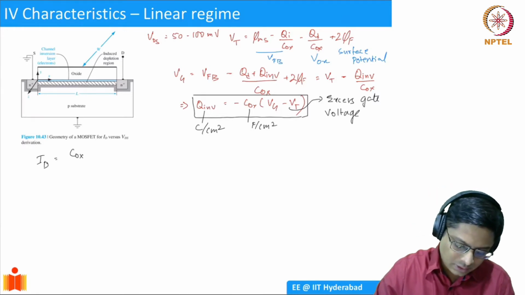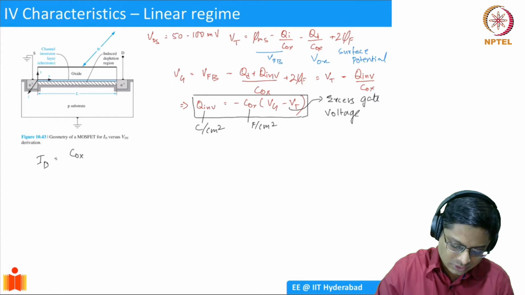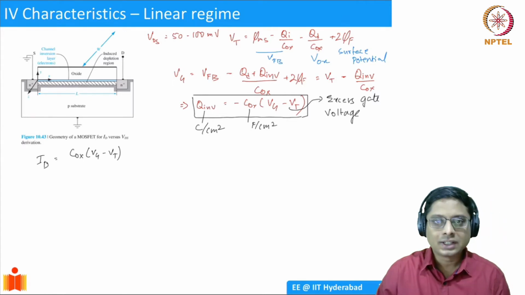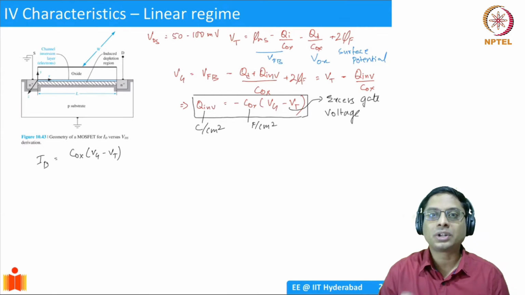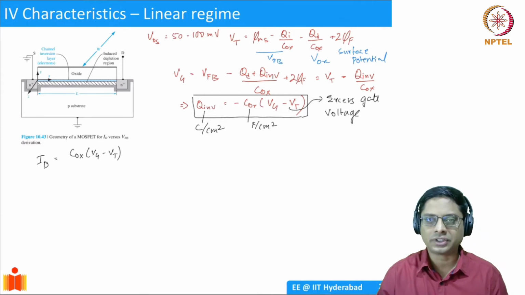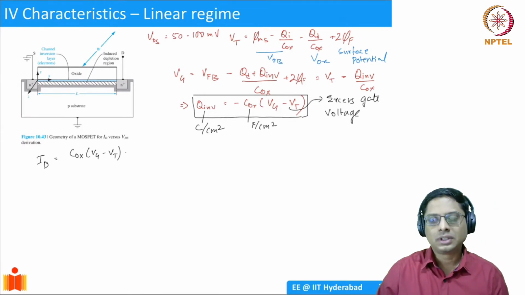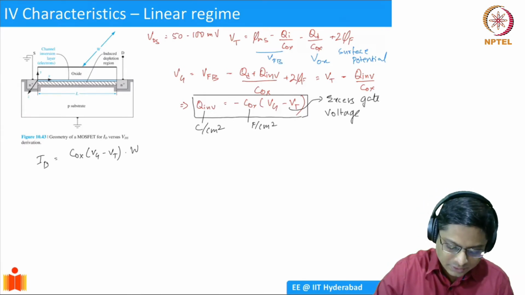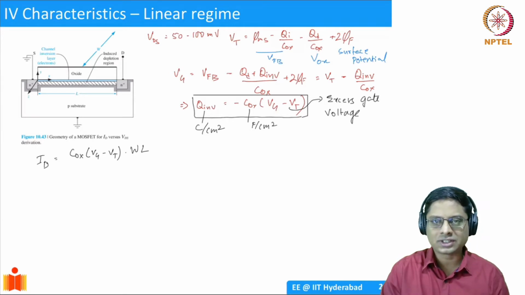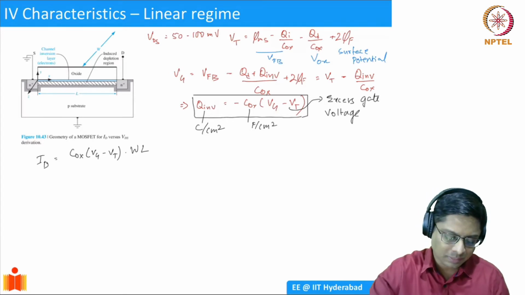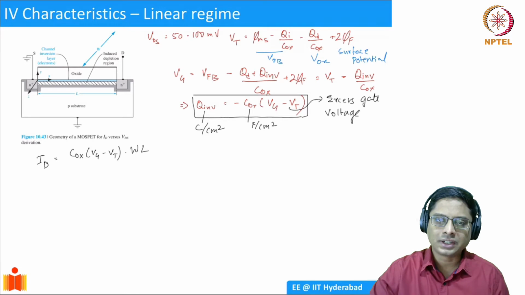Okay. So we can write this as the charge density, which is simply Vg minus Vt, times the area. That is the total amount of charge which is there in inversion under the oxide. The total area is simply width times length, because length is the distance between source and drain, and then into the plane of the slide you have width.